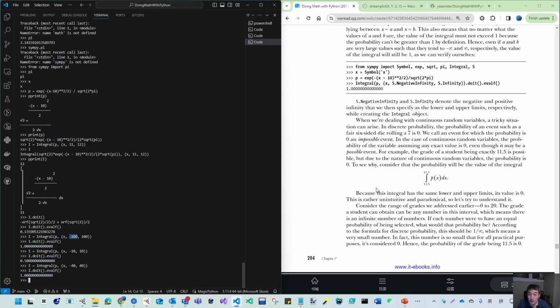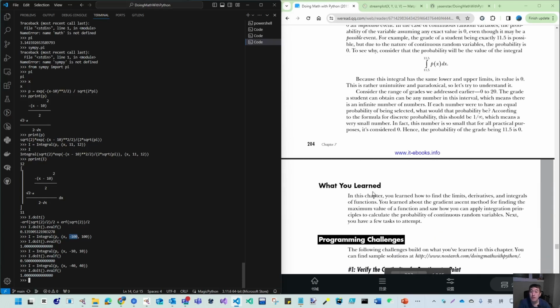So that is roughly the contents. Now we have finished this chapter. In this chapter, you learned how to find the limit, derivative, and integral of a function, and you learned about the gradient ascent method for finding the maximum value, and we will later have the gradient descent method to find the minimum value of a function.